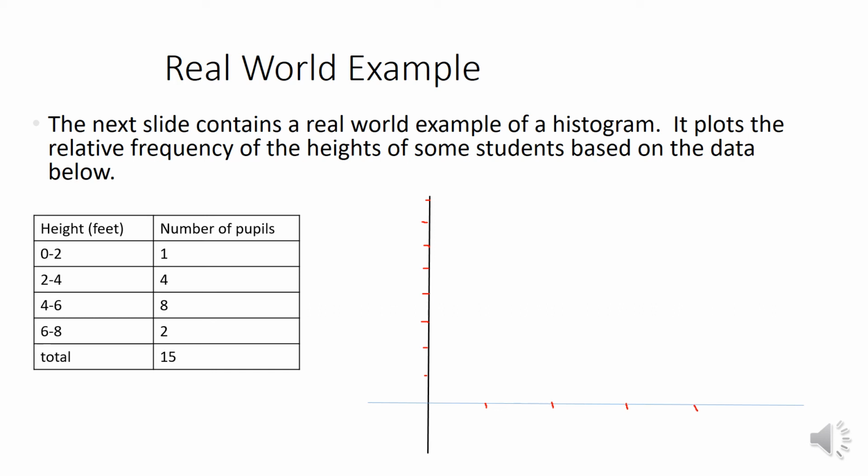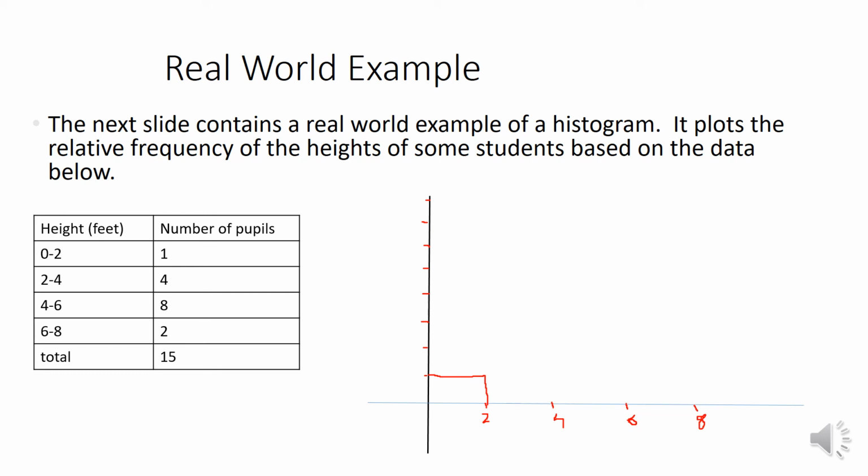That means I have to make the bar starting from 1 and ending up to this 2. Then the second is my class from 2 to 4. This one is 2, this one is 4, 6 and 8.